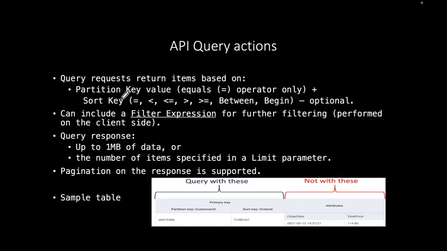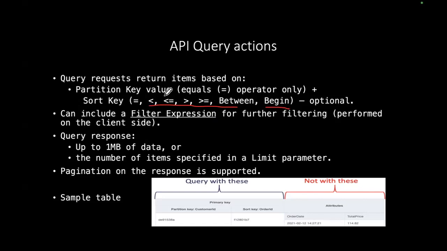However, the sort key has a number of operators that you can use to express the query that you want to perform. Now, clearly, these ones here only make sense if the sort key is a numeric type. If it's a string type, the only one that you can really use is this one here, that the string begins with a particular value. So, okay, the numeric ones are fine.